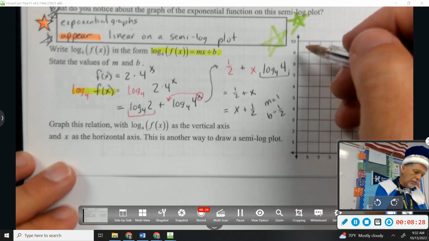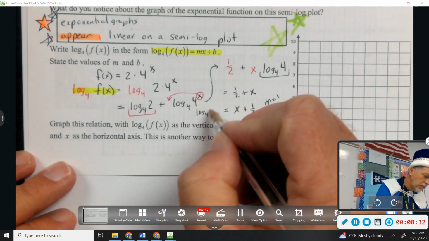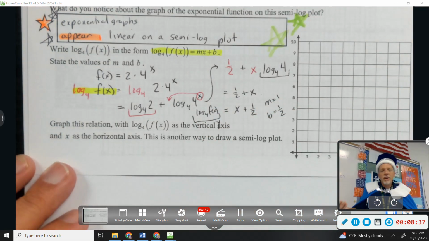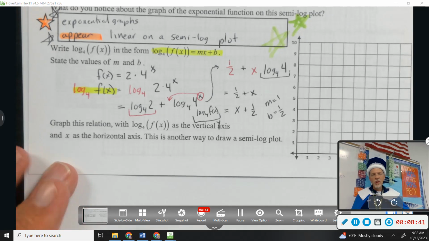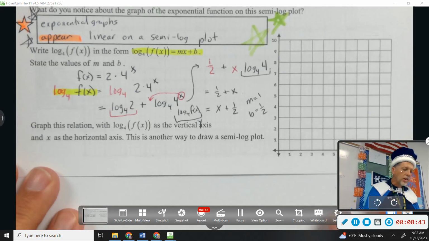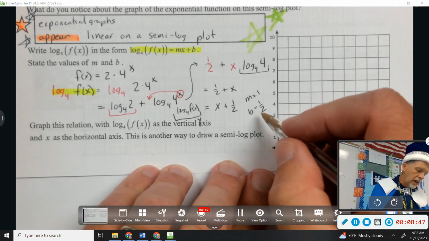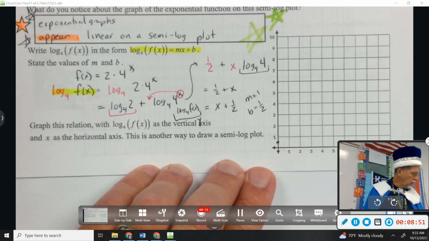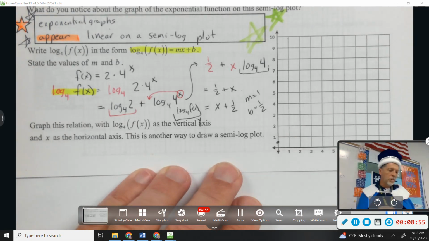So that means log base 4 of f of x is our y. We're now just graphing y equals mx plus b. So we did a bunch of log property things to turn it into a line. How long has it been since you graphed a line? We begin at the 1/2. And then our slope is 1, so up 1 over 1.